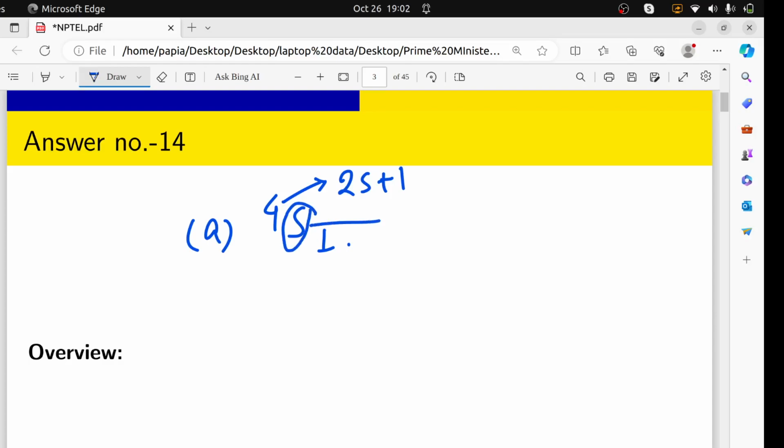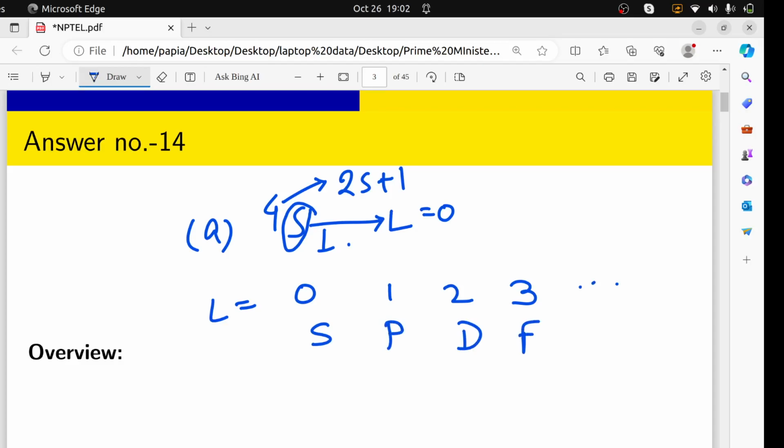The letter S gives us our L value, which is 0, because L is 0, 1, 2, 3 for S, P, D, F and so on, right? And this last number gives us the J value. J is L plus S, meaning the vector summation of L and S.